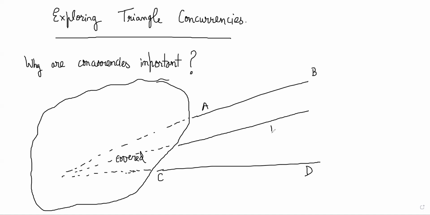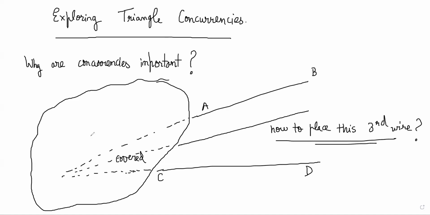I want to decide how to place this third wire. So how would you go about solving this problem? You can't really see the angle. This region is totally invisible to you. So how would you place a third wire so that it absolutely bisects the angle between these two wires, AB and CD? That is the problem.